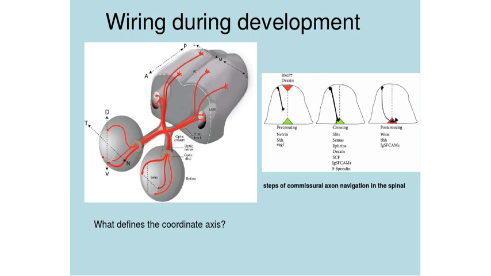Another example is what you see here, which is the patterning of the ganglion cells into the LGN. You see that if you have the right and left eyes, there are two axes, the ventral-dorsal and nasal-temporal axis, and then they project into a space which is defined here with an anterior and posterior axis.